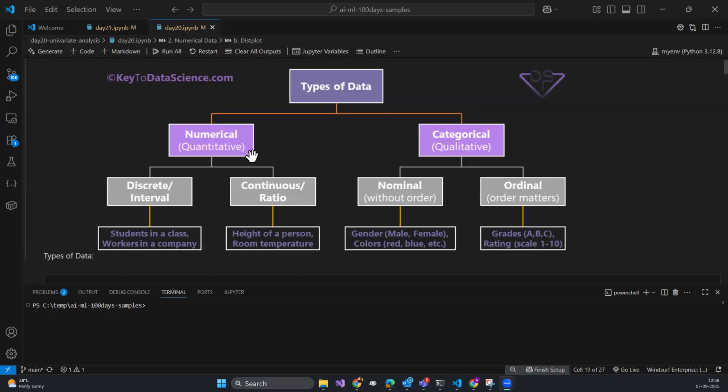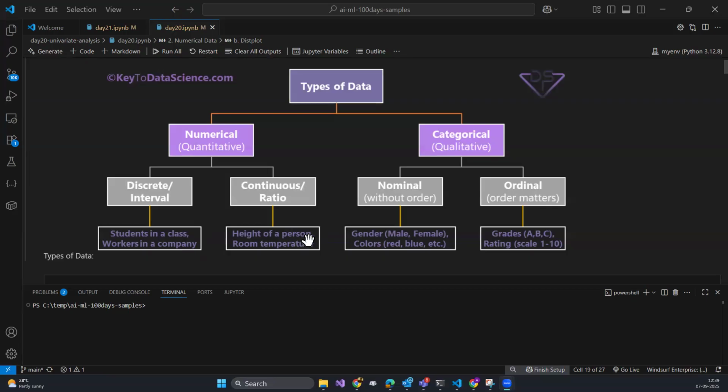And under numerical data types, we have discrete and continuous. We call them discrete numbers, the numbers which are fixed, for example, the number of students in a class and workers in a company. These are discrete, and then we have continuous data types, which don't always represent a fixed amount. It is kind of variable, right?